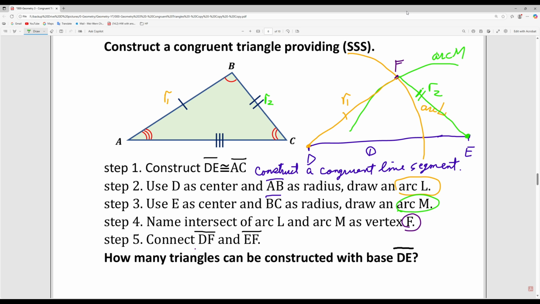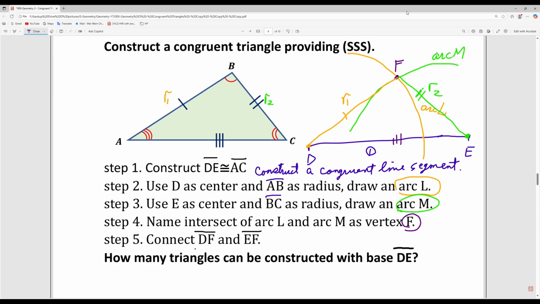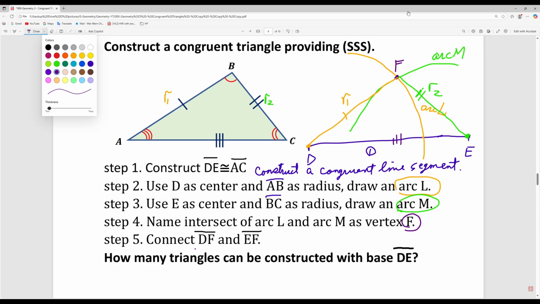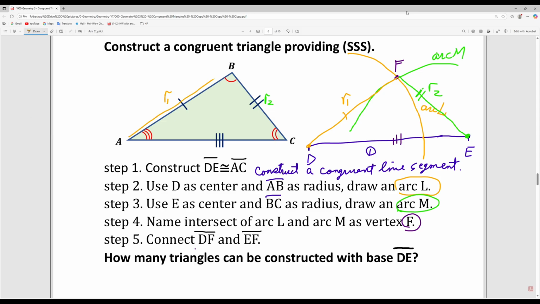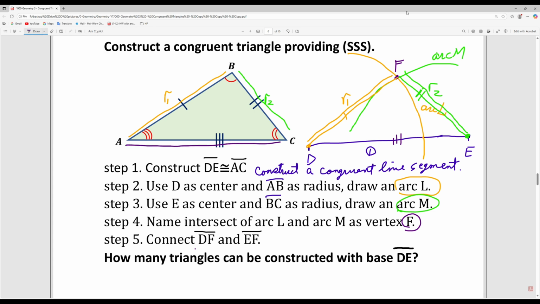And then we guarantee to have AB equals to DF, and the BC equals to EF, and the AC equals to DE.